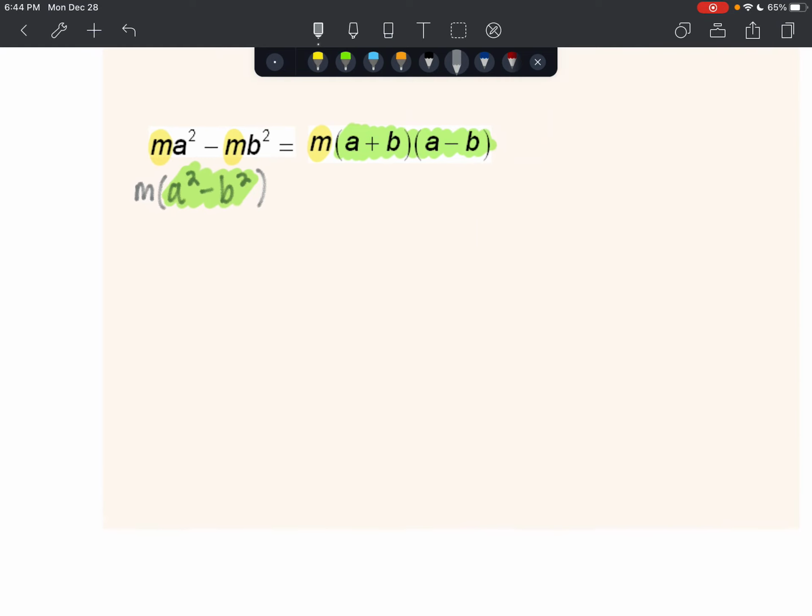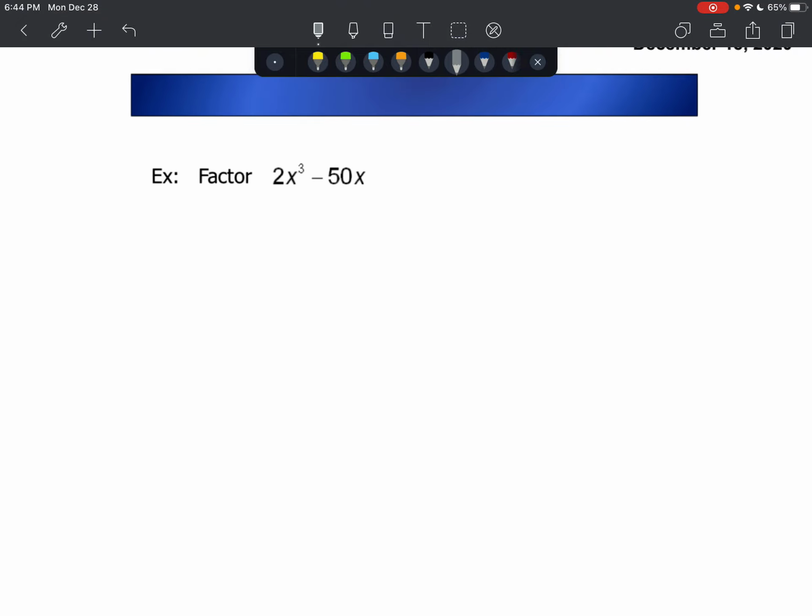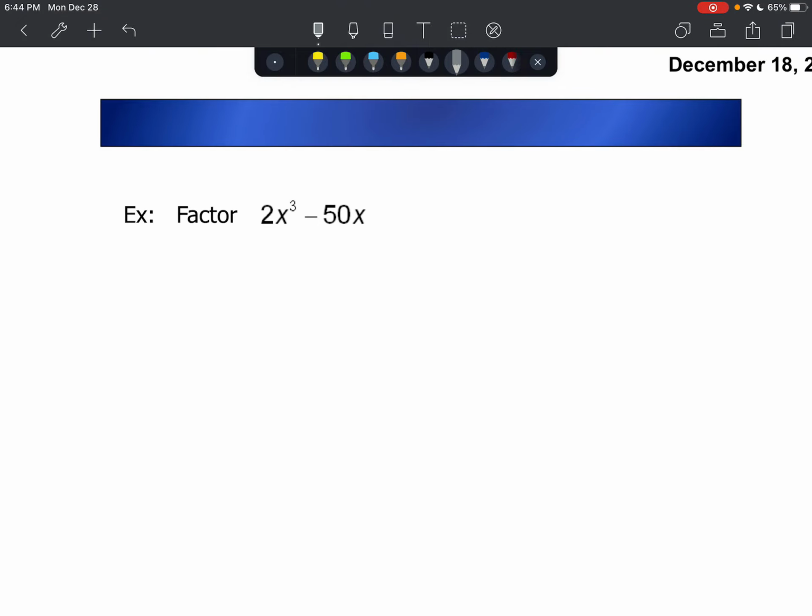So let's look at this with some numbers and variables. We've got 2x cubed minus 50x. What's common to both terms? Well, we're going to factor out that greatest common factor of 2x. So we factor out a 2x, and that leaves x squared minus 25.